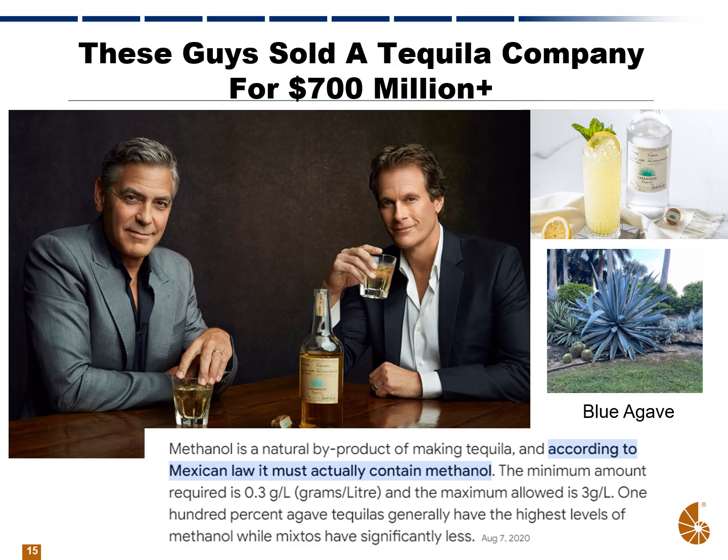And methanol has no nutritional value, but is actually a toxin. But for some reason, Mexican law mandates that tequilas must contain some methanol, hopefully in small enough quantities so they don't contribute to any negative features in people that drink tequilas.